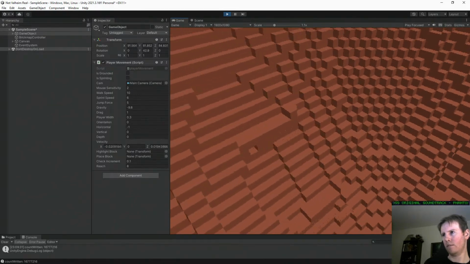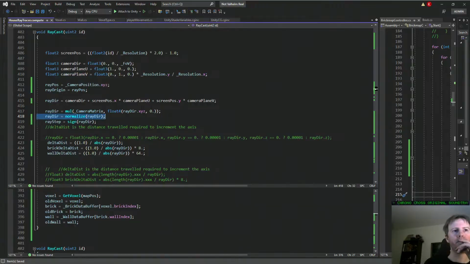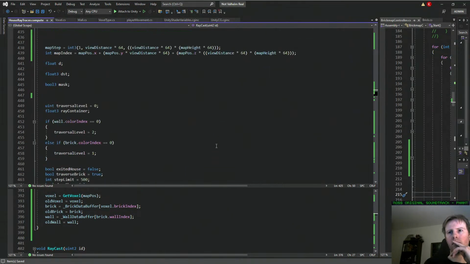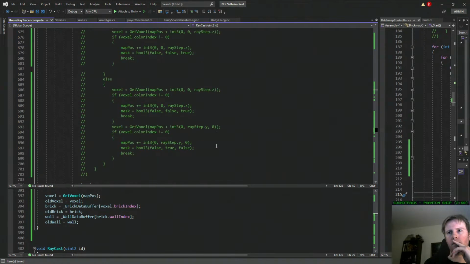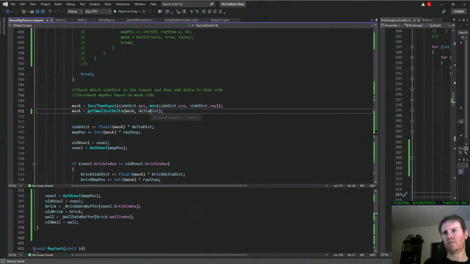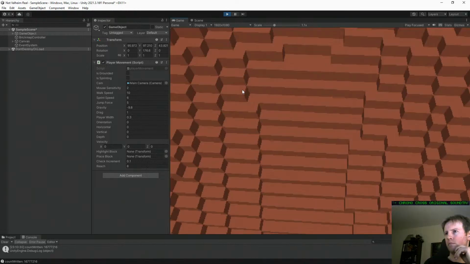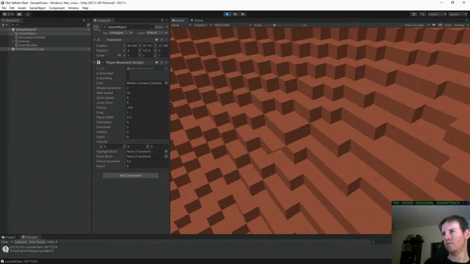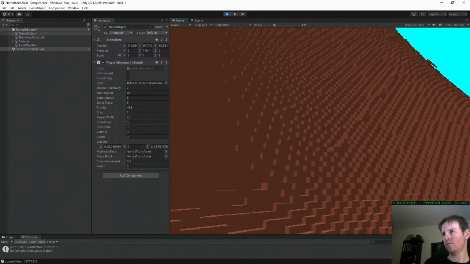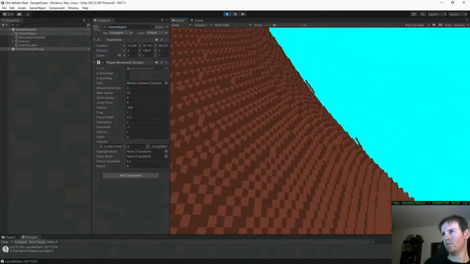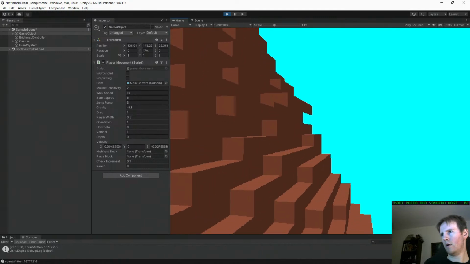Why is it doing this? There we see through. Oh, is that nice? Fuck off.